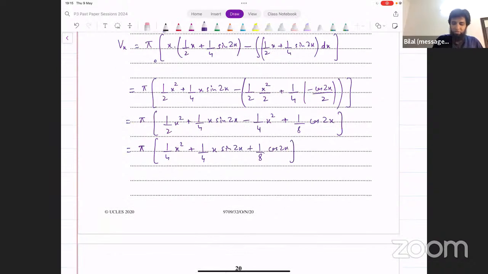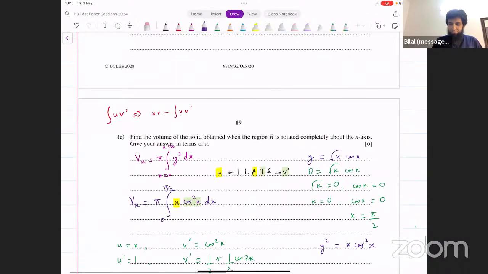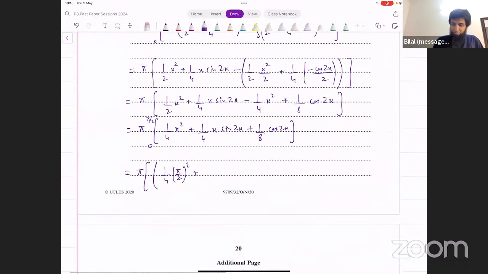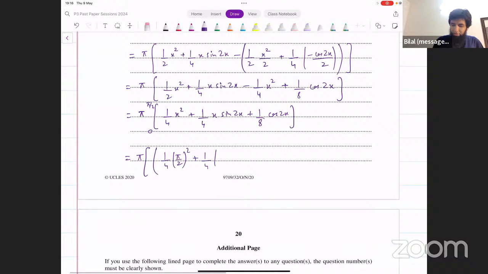Now we input the limits. Limits are supposed to be from 0 to pi over 2. Input pi over 2 first of all. Pi remains outside as it is. Input pi over 2, that gives us 1 over 4 into pi over 2 whole squared plus 1 over 4 into pi over 2 into sine of 2 pi over 2, plus 1 over 8 into cos of 2 pi over 2.